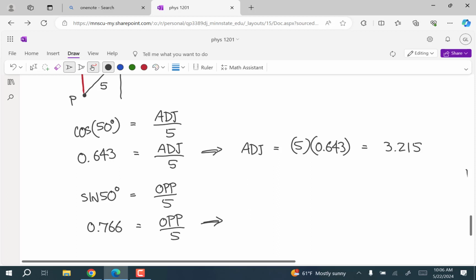Do the algebra and you get that that opposite side, the red side in the picture, is equal to 5 times 0.766. And that should give you, let's see, about 3.83.